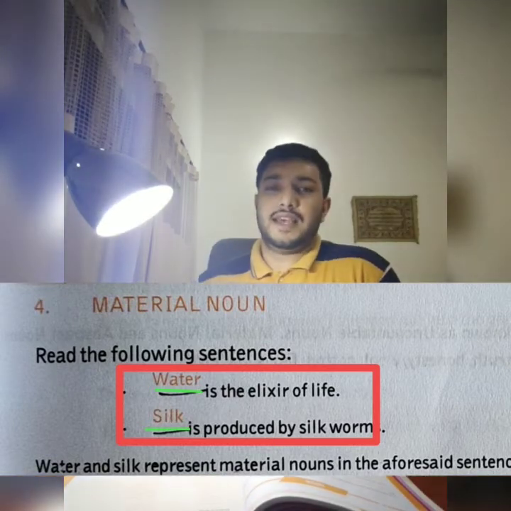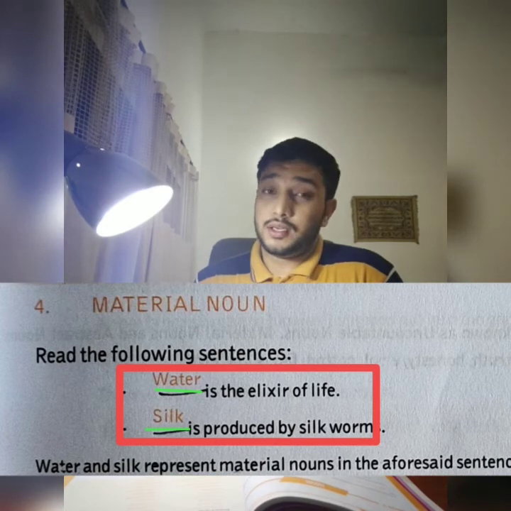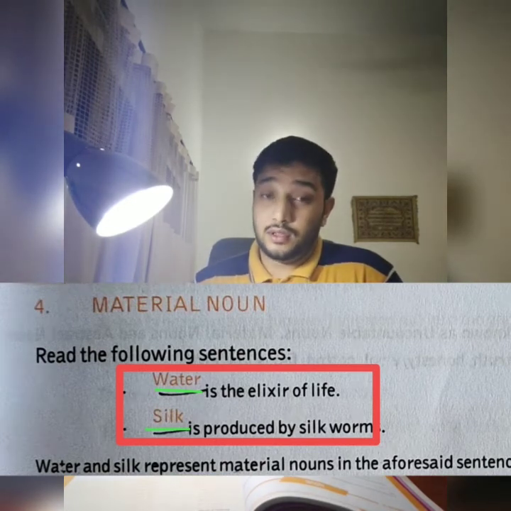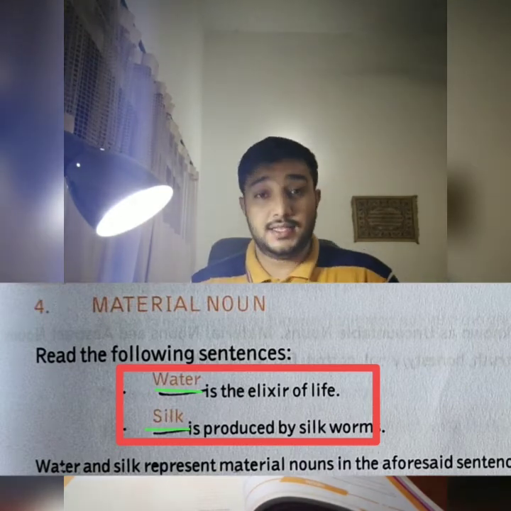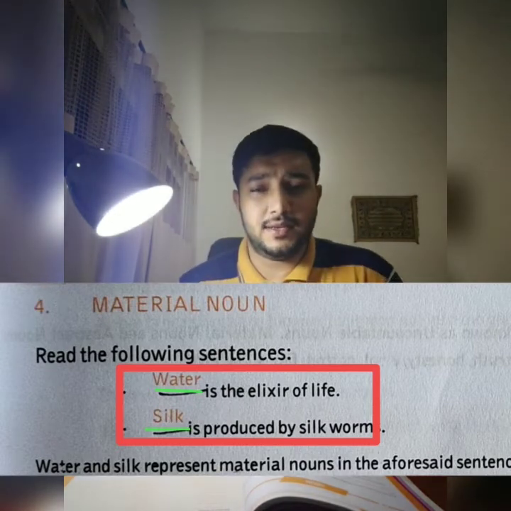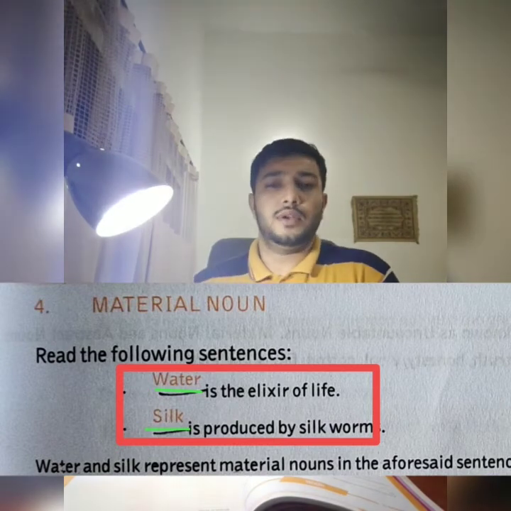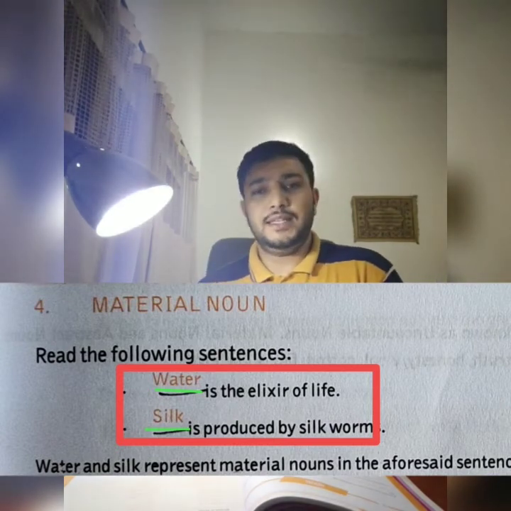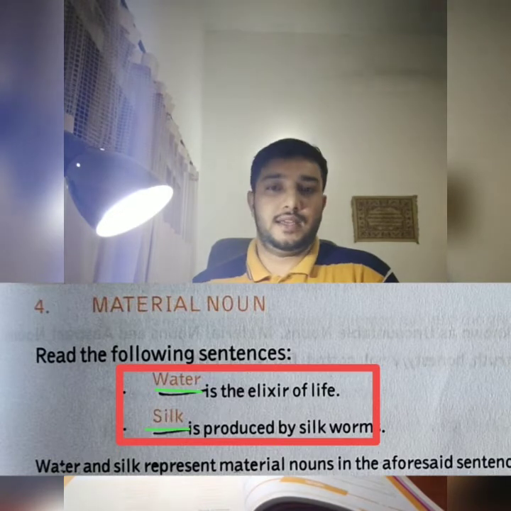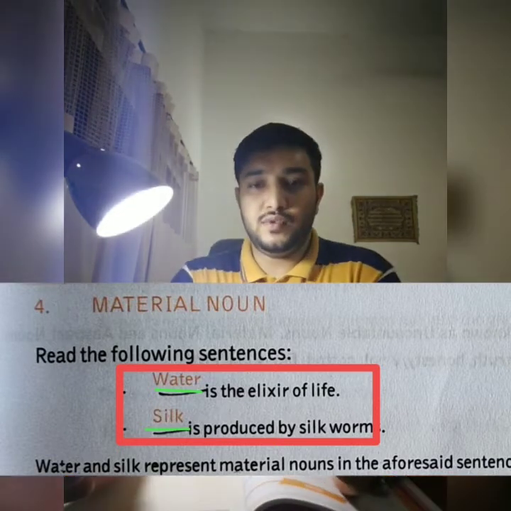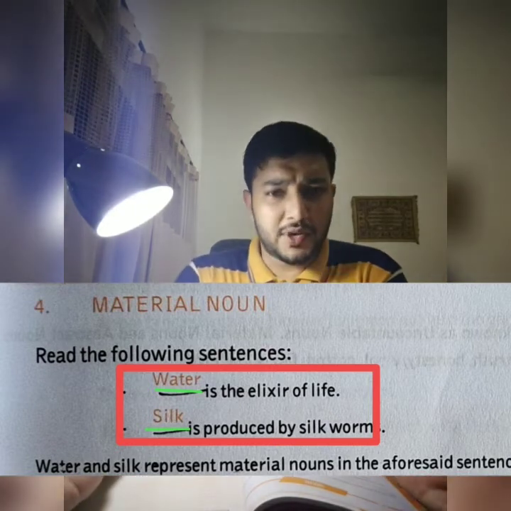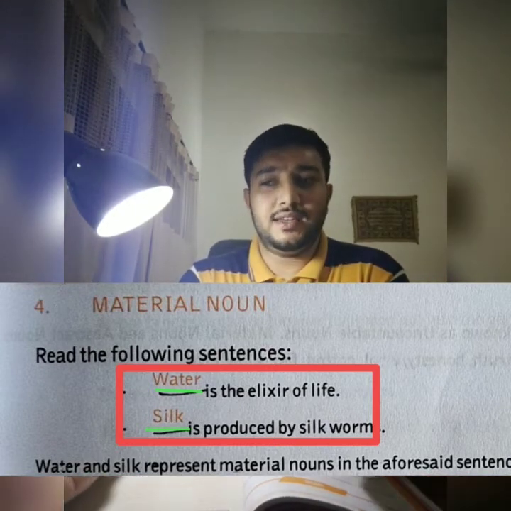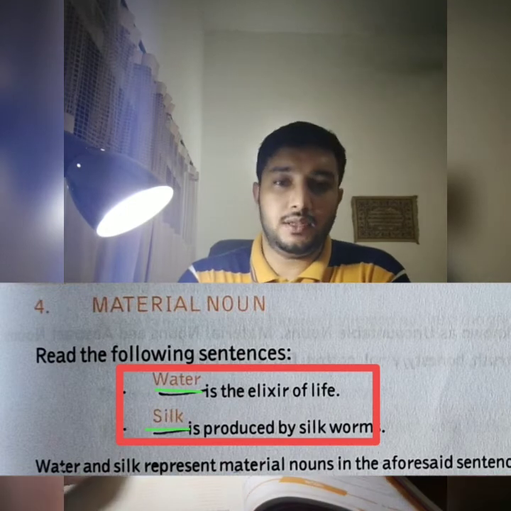Material is anything that you can touch, that you can feel. Water is a material, it is matter, it is a substance. Silk is also a material, matter. When you talk about material noun, anything that lies in this category, which you can touch, which you can feel, which has a physical appearance, then you say that this is a material noun.